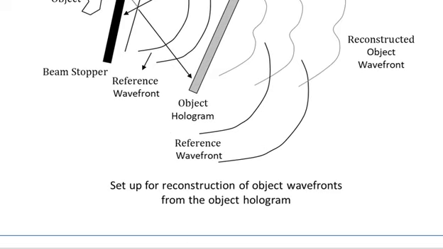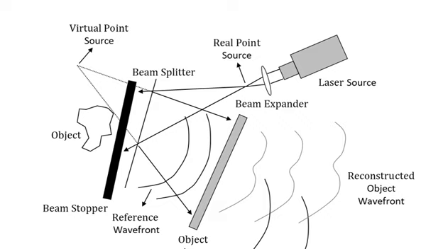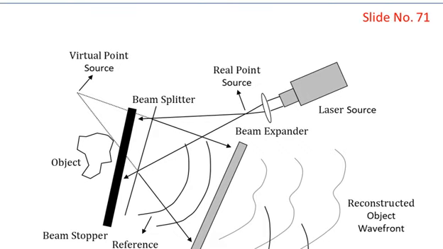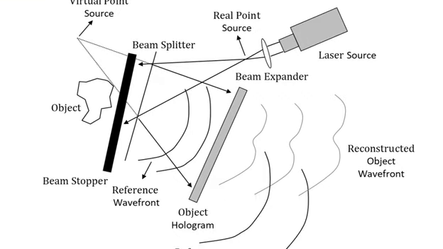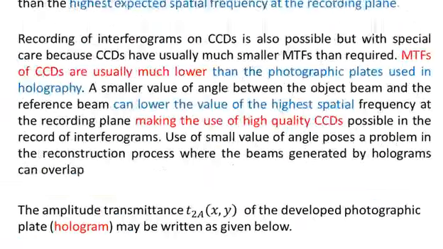Let me read: setup for the reconstruction of the object wavefront from the object hologram. What we have done is placed the hologram over it. This is the object hologram, and it has been placed in the same setup that was used in the recording process. Let me show the recording setup.